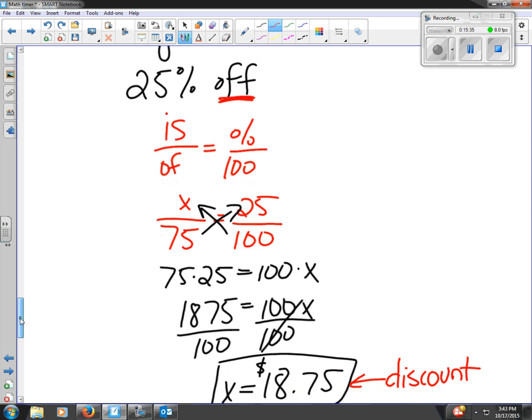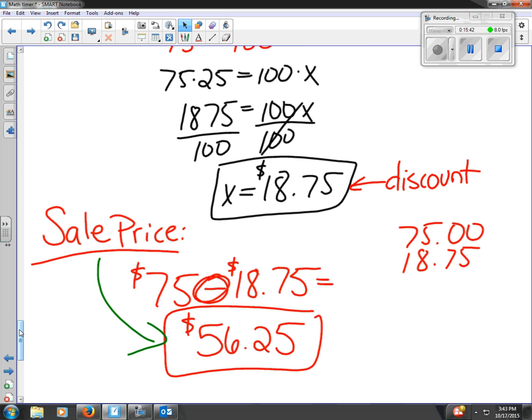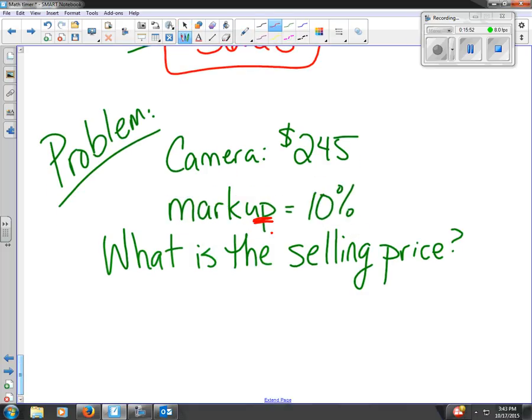Off means you subtract. When I have a sale and there's a sale price, I get 25% off. Off means I subtract. Markup, you add. So once you find what 10% is, you're going to add that to the 245.